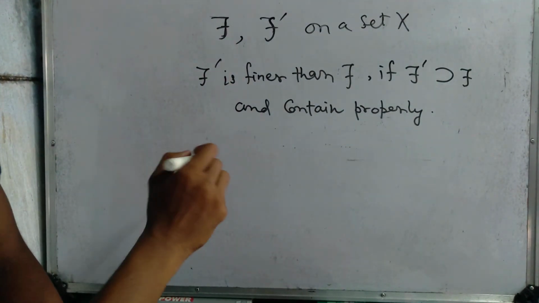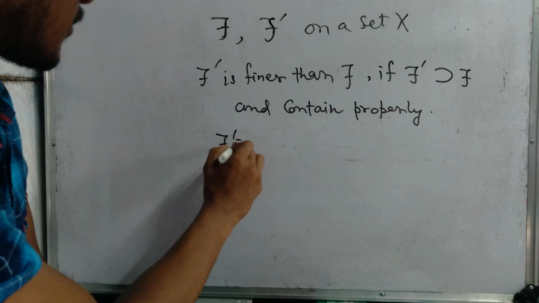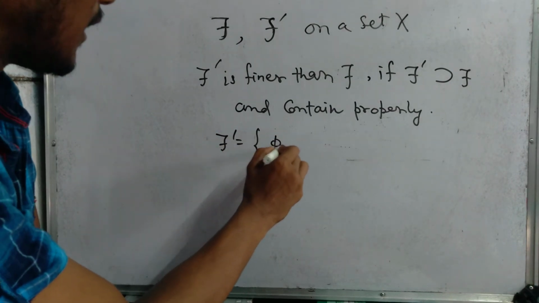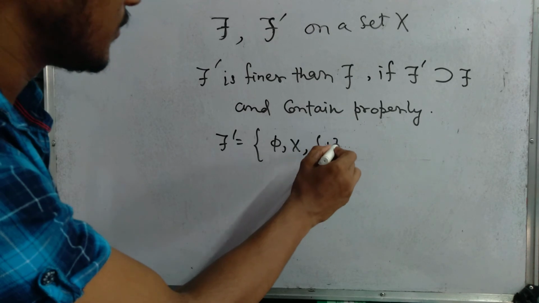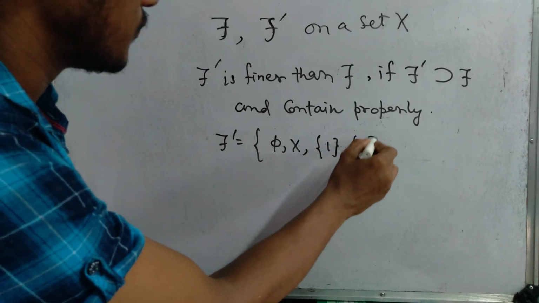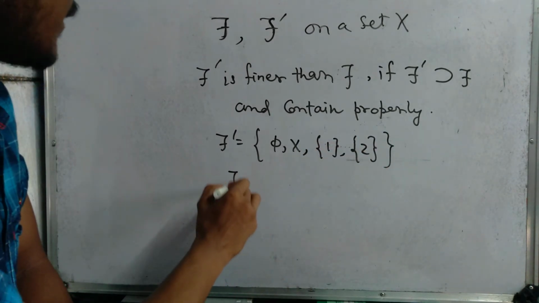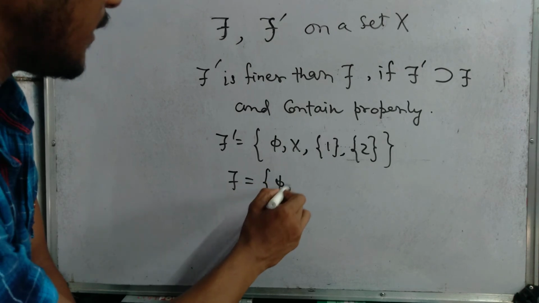As a basic example, we construct tau dash as phi, X, 1, 2 and tau as phi, X, 1.